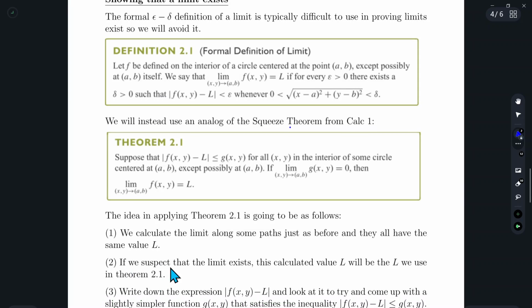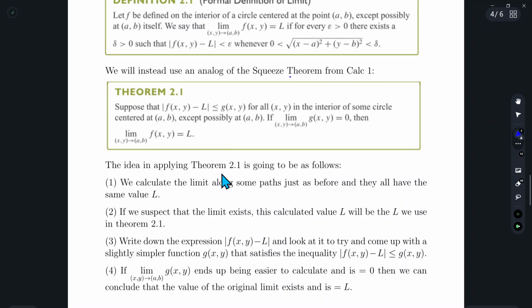So if we suspect that the limit is going to exist, the calculated L from step 1 is the L that we use in this theorem. So we first write down this expression, the absolute value of the function minus L. Just write it down, and we take a look at it.